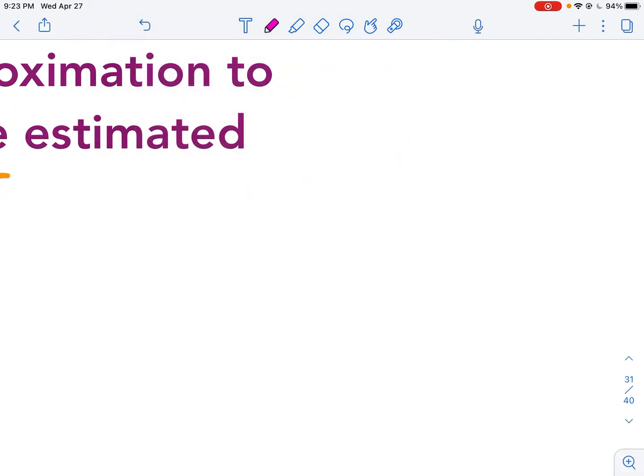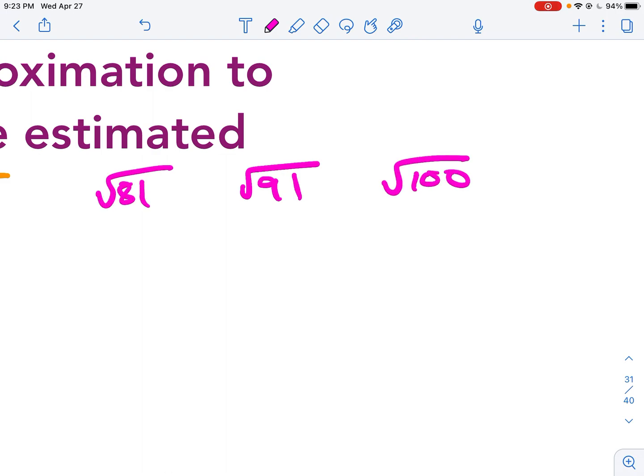Okay, and last but certainly not least, the square root of 91, that's between 81 and 100. That's 9, that's 10. From here to here is 10 away, from here to here is 9 away. So I'm going to say halfway between is pretty good guess.